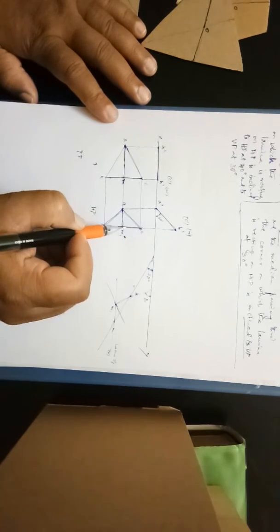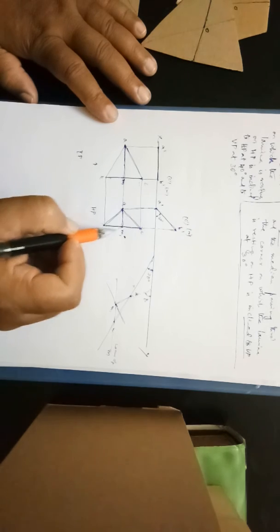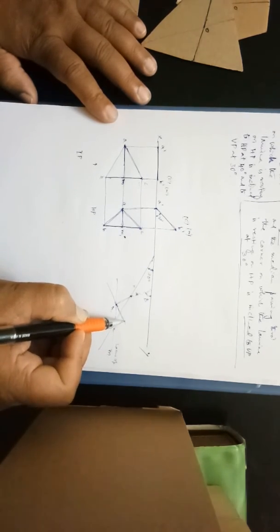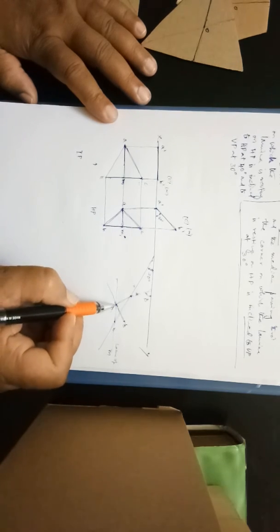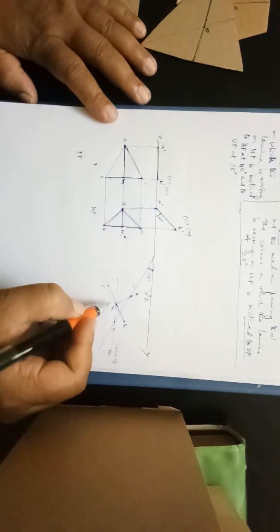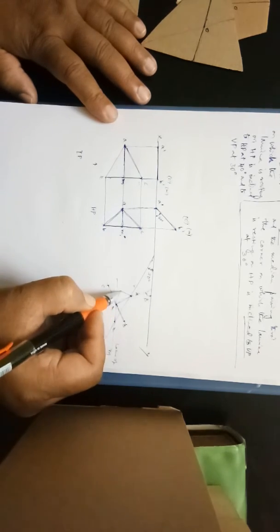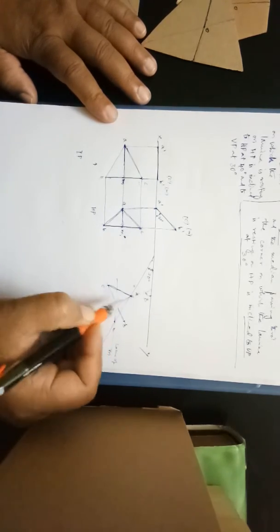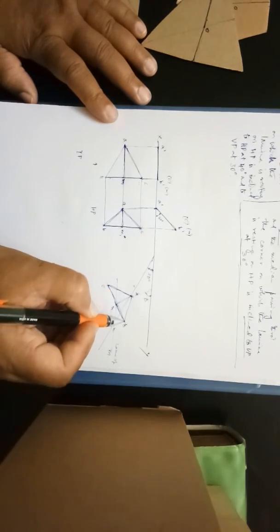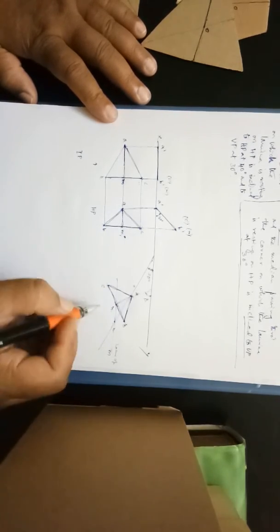Both will be the same. So measure this distance M1B. You mark it on one side, this will be your new B, and mark it on the other side, this will be C. Join ABC. This will be the new top view in the VP condition when you have fulfilled the VP condition.